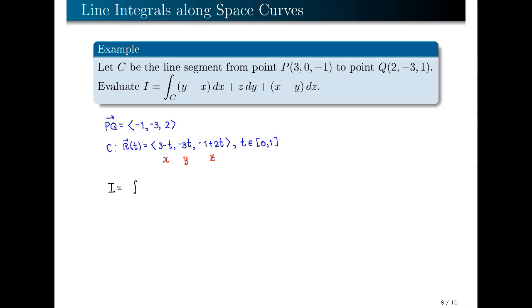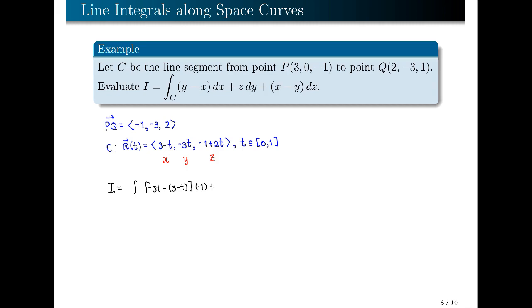So we obtain y, negative 3t, minus x, 3 minus t, multiplied by dx. Since x is 3 minus t, then dx is negative 1, the derivative of 3 minus t, multiplied by dt. Here we only write negative 1, and we will write dt at the end of the integral.